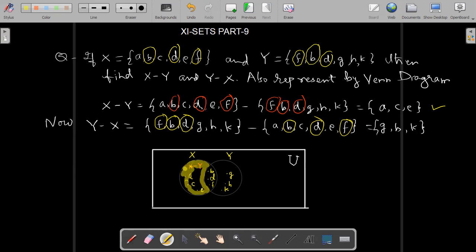You can use some pattern also. So this is the shaded portion which represents X minus Y.